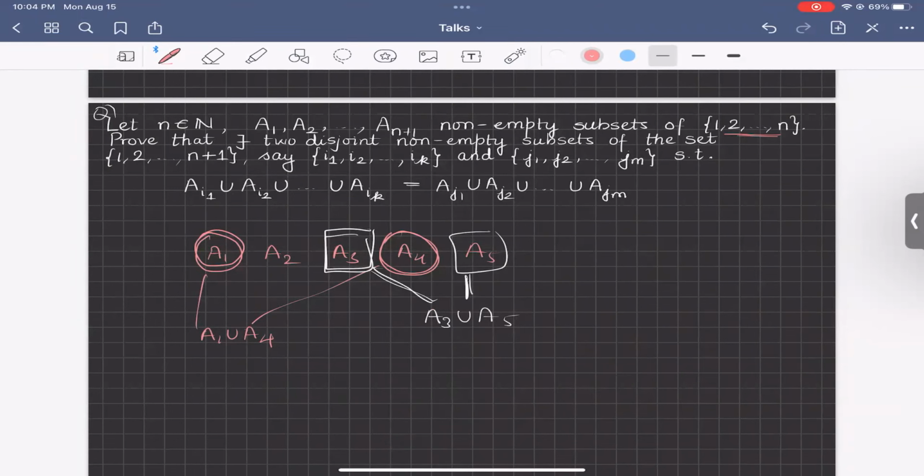Because there are n plus 1 things, we can find some subset that adds to the 0 vector. As in, some combination of these Ai will have that every element occurs an even number of times.